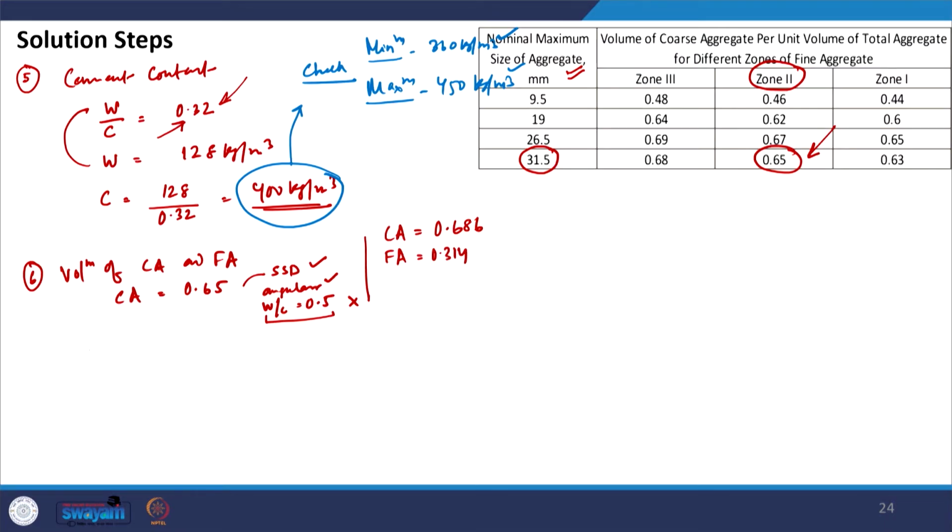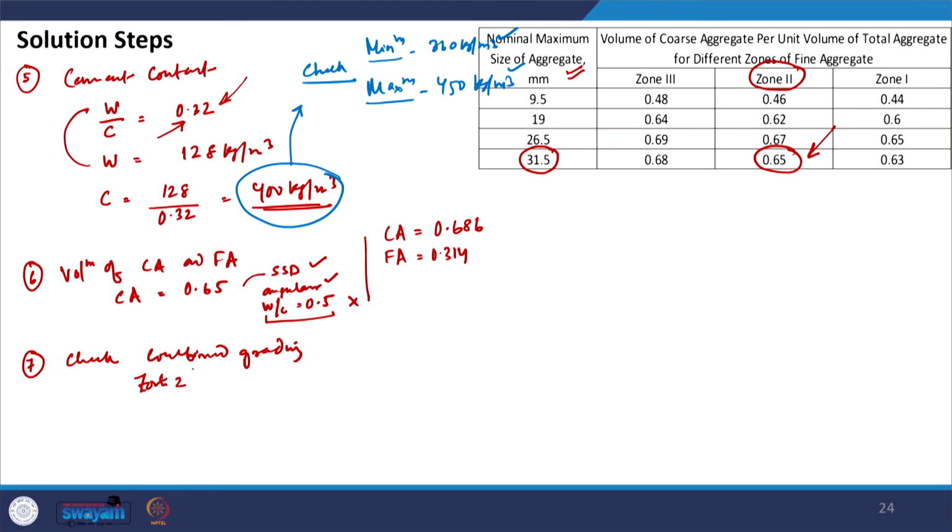Okay. Now, our seventh step should be to check the combined grading, to ensure that the aggregate stockpiles combine properly. So, the problem said that we have zone 2 sand.